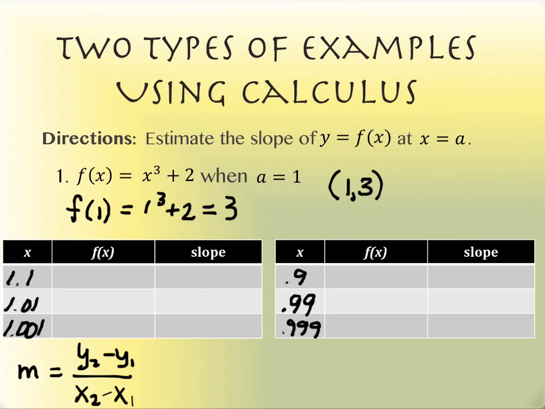So if you've got a scientific calculator, you're just going to plug these in one at a time into this equation. If you have one of the graphing calculators where we set up the table, you can just plug these numbers into your table and it will automatically spit out the y value for you in the other column. It's kind of handy. All right, so go ahead and figure some of those through, and we're going to fill them in, and then we're going to do the slopes together.